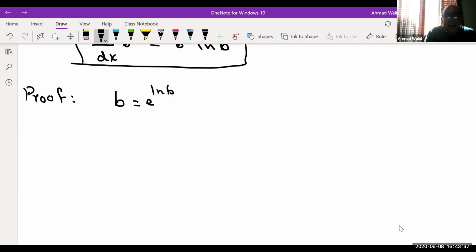Remember, when e and ln come together, they cancel. Then e to the ln b is actually b, right? I can write b as e to the ln b.